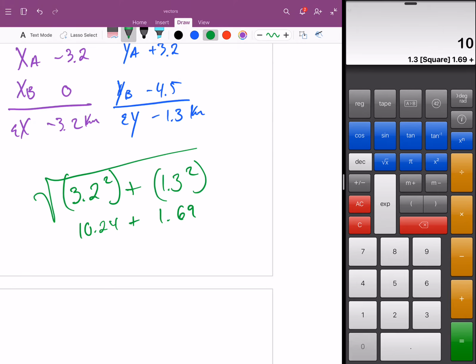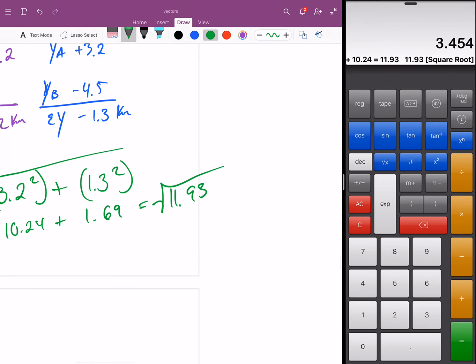Add these together. Total sum 11.93. Square root this. Your magnitude is 3.45. Let's round it up, 3.5 kilometers. That's your first answer.